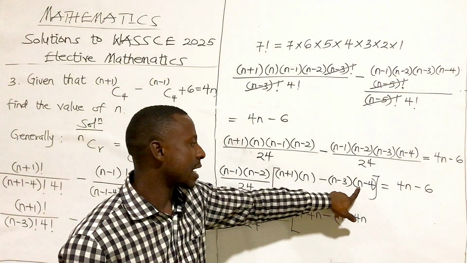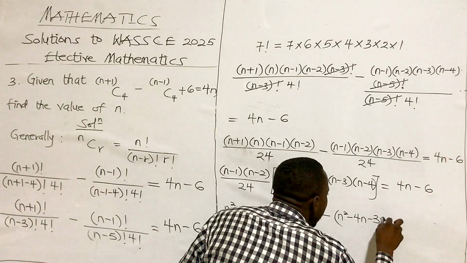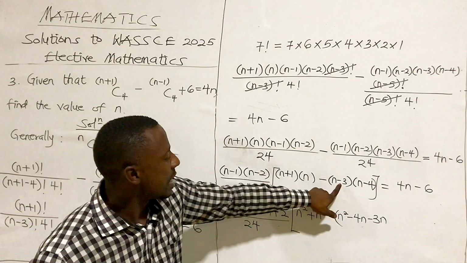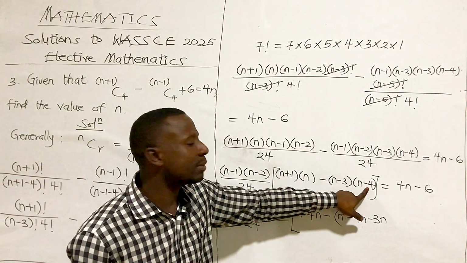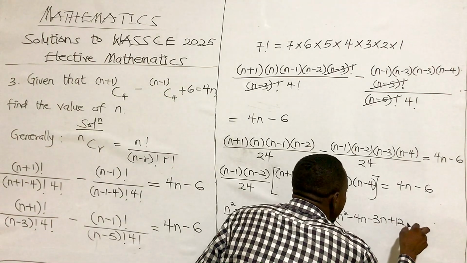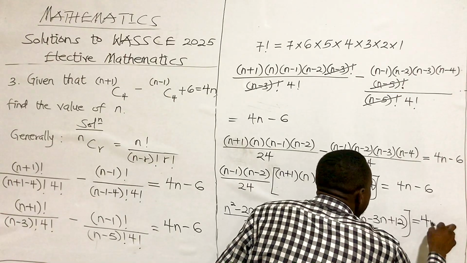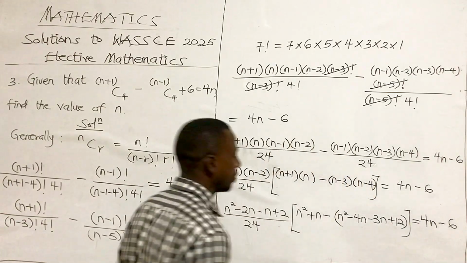Negative 3 times n, I have negative 3n. Negative 3 times negative 4, I have positive 12, which is equal to 4n minus 6.